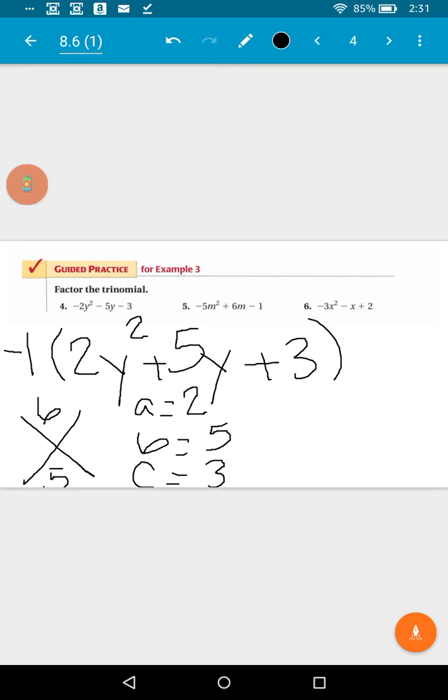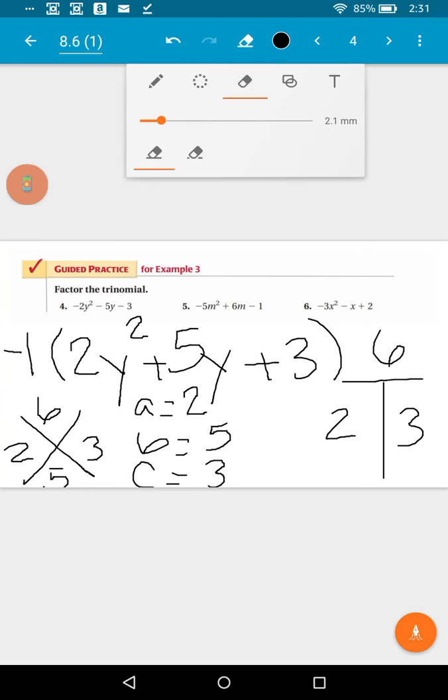So right here, the factors of 6. I know right off the bat, it's 2 and 3. 2 times 3 is 6, and 2 plus 3 is 5. So I have 2 here and 3 here.